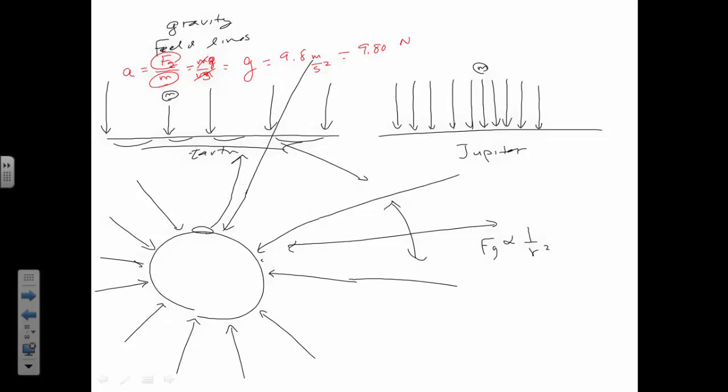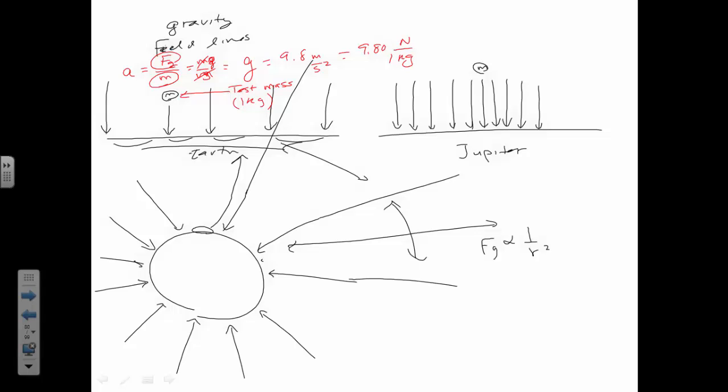9.80 newtons per kilogram, which means we call this a test mass, all right? If I take a 1 kilogram test mass and put it in Earth's gravitational field, I'm going to get 9.8 newtons acting on that 1 kilogram. That's what this means. There's 9.8 newtons acting for every kilogram of mass that I have.